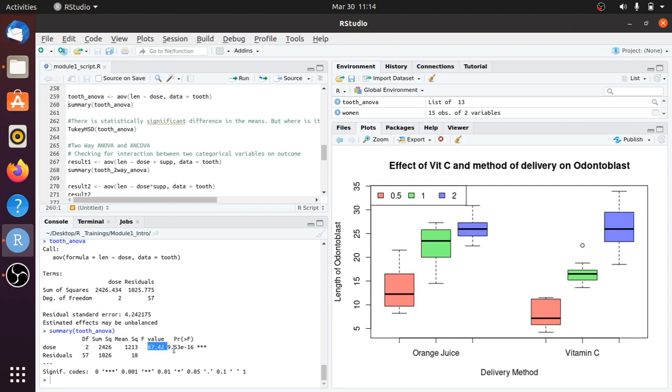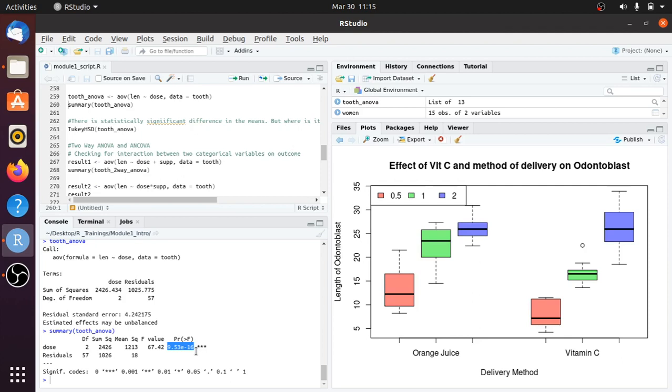It's now giving you the p value, which will tell you whether the difference in the means is statistically significant or not. As you can see here, this is extremely low compared to the 0.05 reference value. So it means there is a significant difference across the means of the three doses.